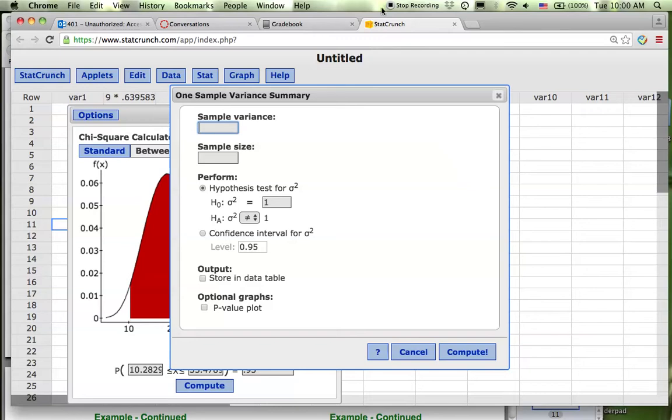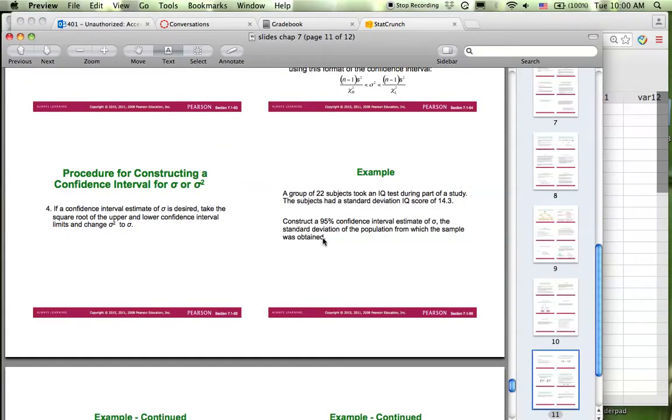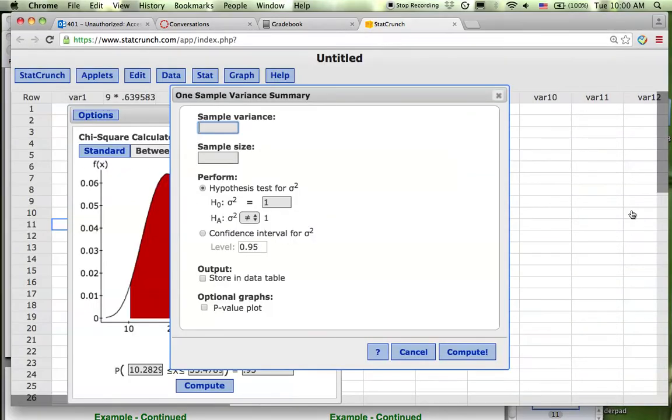So you need to square that 14.3, which gives you 204.49. And the sample size is 22.